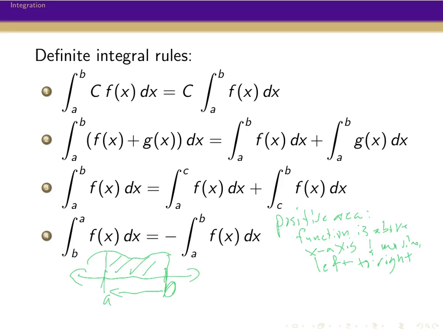If instead we move right to left, or the function is under the x-axis, in either of these cases, then our area is negative.